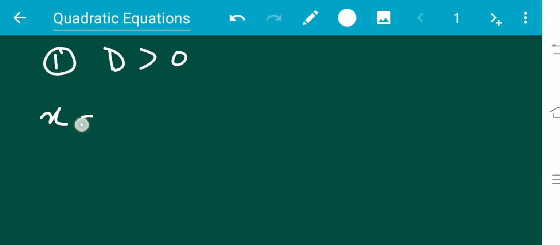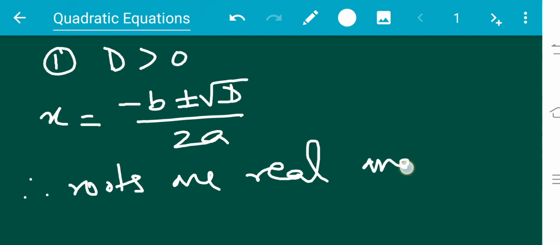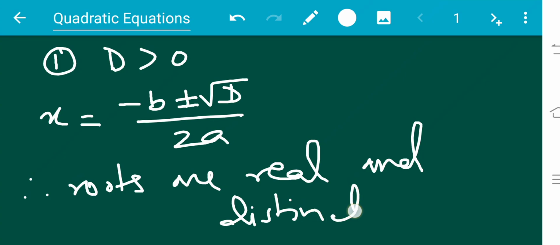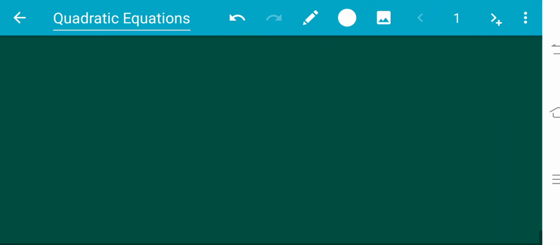In that case we know the roots are minus b plus minus square root of d by twice a. So there are two roots, therefore roots are real and distinct. Now for case 2, d is equal to 0.